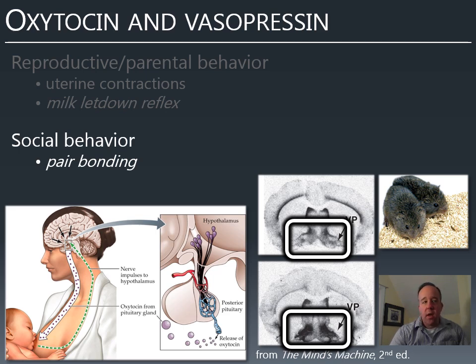There's actually evidence in humans, not that humans exhibit just one kind of relationship that depends on vasopressin or not having vasopressin, but it turns out that things like relationship quality may actually depend on the kind of vasopressin receptors you have.